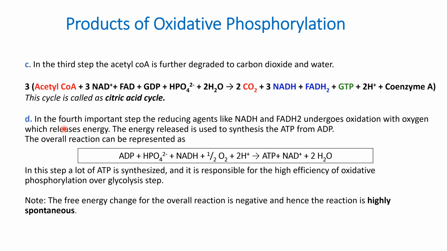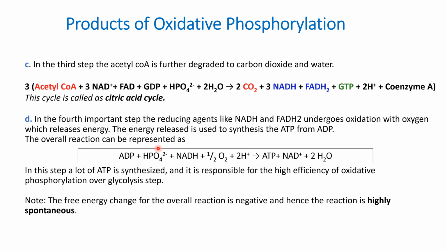The fourth one is the fourth important step, where the reducing agents like NADH and FADH2 undergo oxidation with oxygen, which releases energy. The energy released is used to synthesize ATP from ADP.